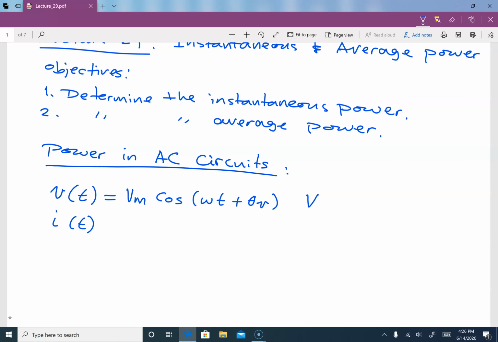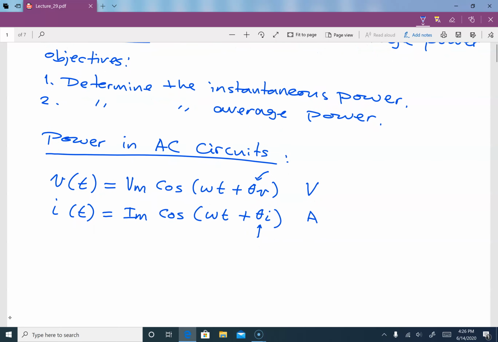And i of t equals Im cosine of omega t plus theta i. This is the general form of the sinusoidal voltage and current. Theta v is the phase angle of the voltage, and theta i is the phase angle of the current, in amperes.